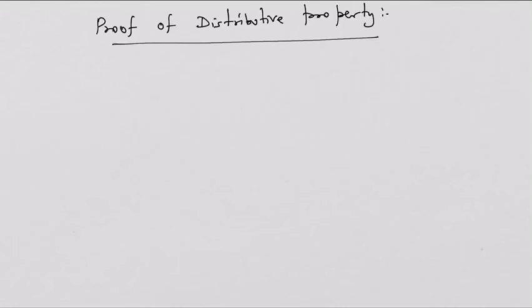Distributive property: x1 of t is convolved with x2 of t plus x3 of t. There are two signals, x2 of t and x3 of t. They are added, and the sum of these two signals is convolved with x1 of t, right?